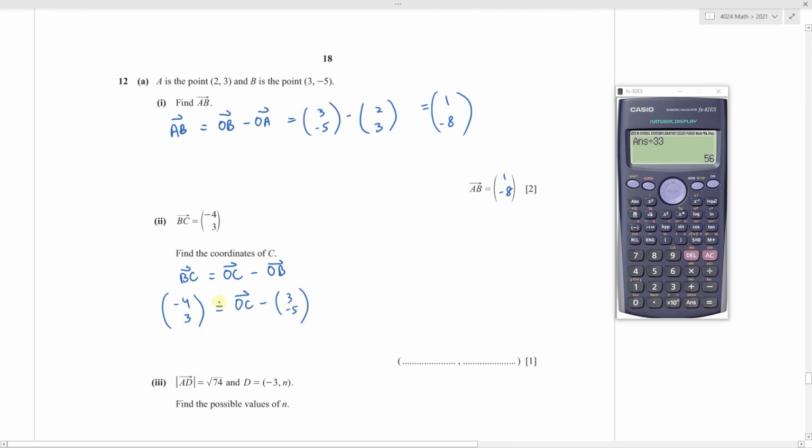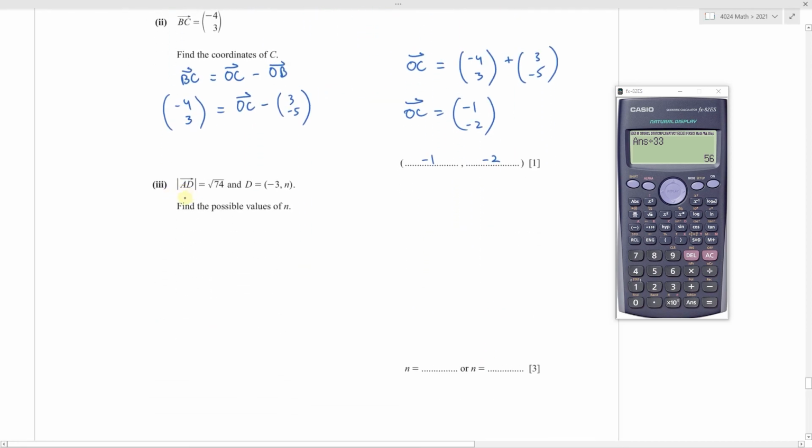And if I take this to the other side, I will get OC equals minus 4, 3 plus 3, minus 5. Minus 4 plus 3 is minus 1. And 3 minus 5 will be minus 2. So this is the position vector OC. So the coordinates of C will be minus 1 and minus 2.